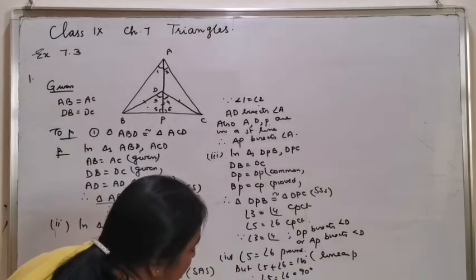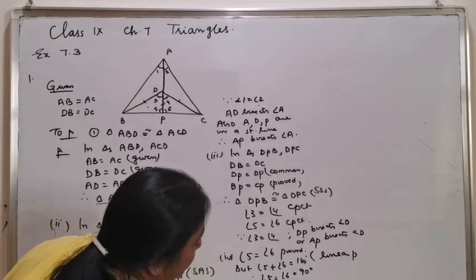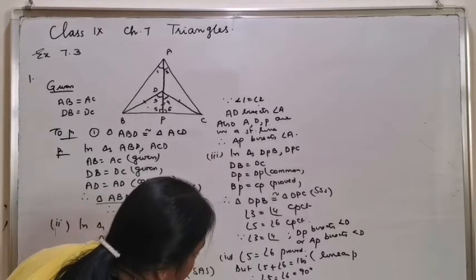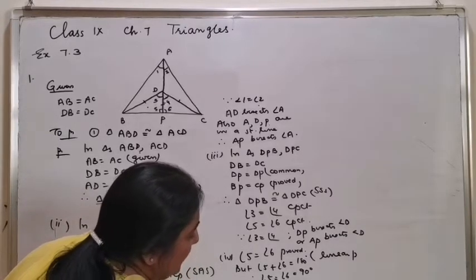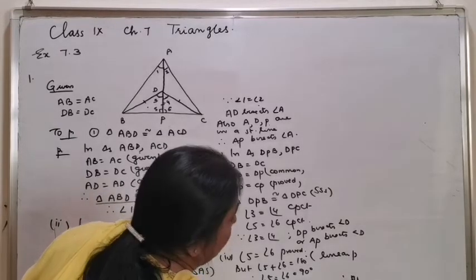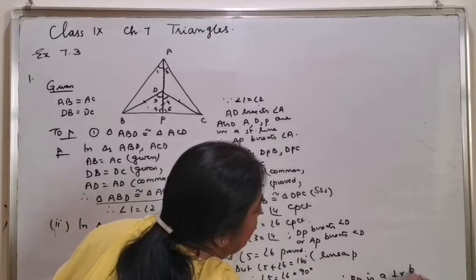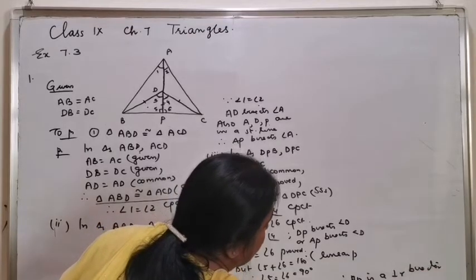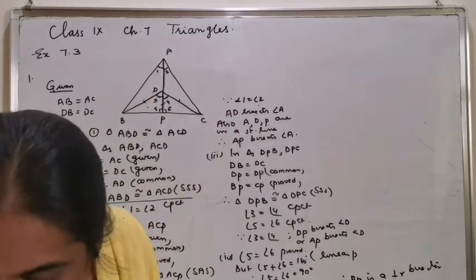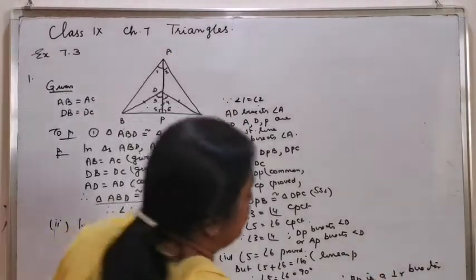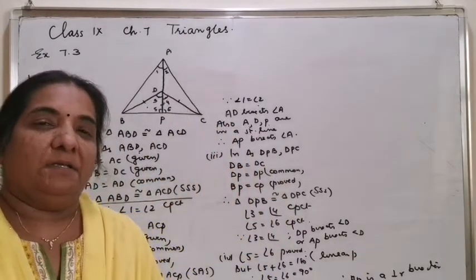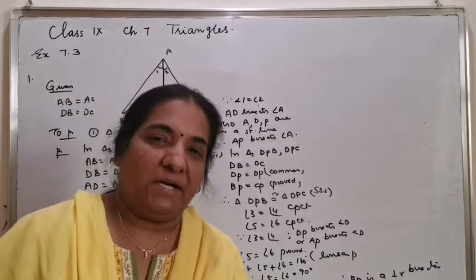We'll give the conclusion as: since BP equal to PC, proved, and angle 5 is equal to angle 6 is equal to 90 degrees, therefore AP is a perpendicular bisector of BC. This is the proof for question number 1.